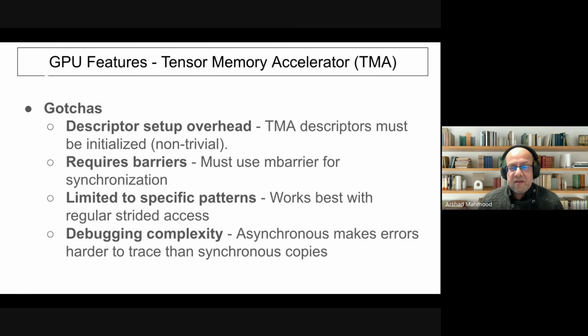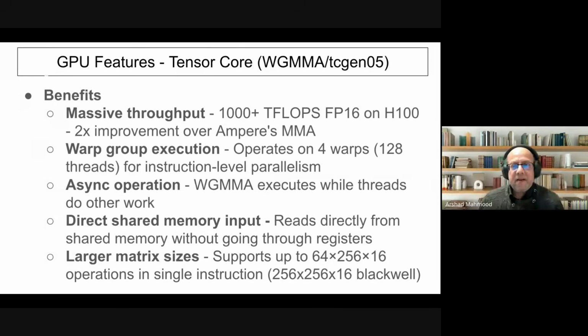Again, because it's asynchronous, it makes debugging difficult. If you messed up the layout somehow in the way the tensor is laid out in global memory, that can make it tricky, because in the old days you were doing the calculations, but this is all being done for you now. So debugging is a bit more complex. Debugging in modern kernels is always complex now because there's more async stuff going on. So that's the tensor memory accelerator.